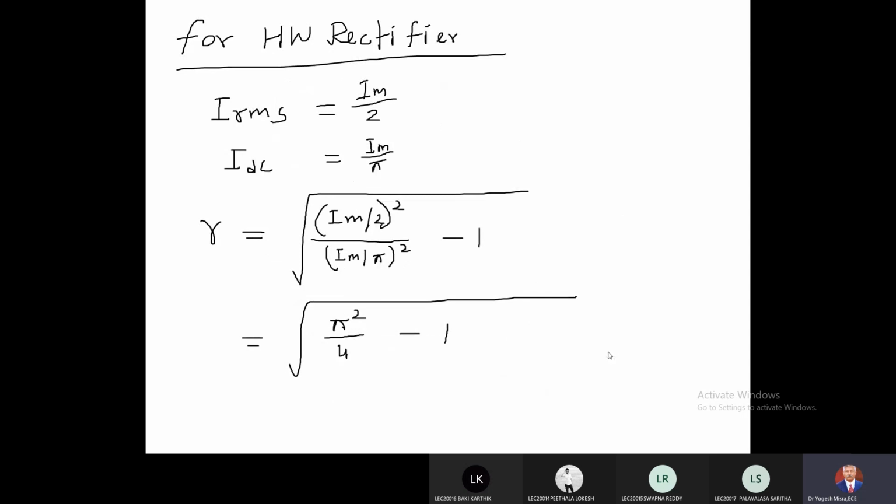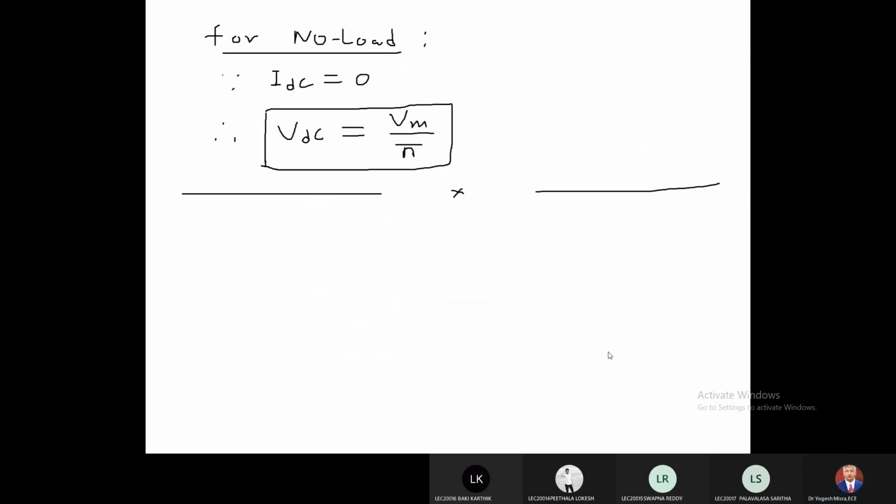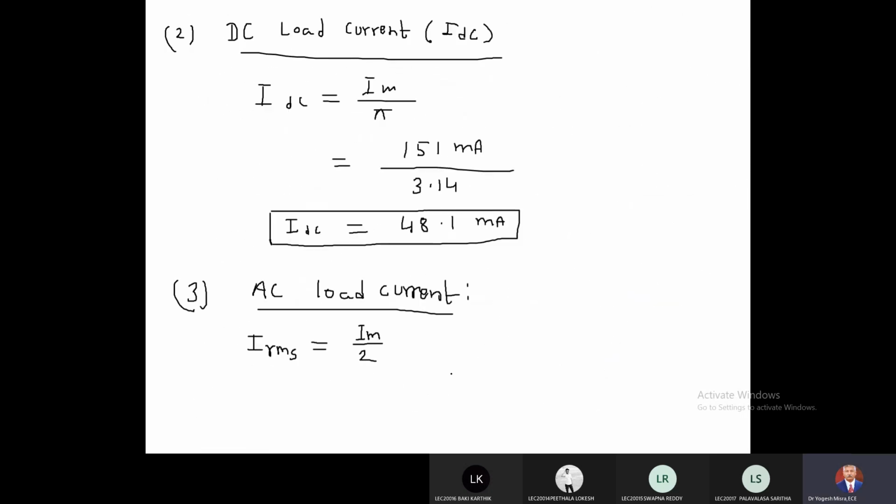So simply we will put Im by 2, right? Im we have already calculated, it is 151 milliampere divided by 2, and we will get the AC load current, IRMS, and its value is 75.5 milliampere. Okay.